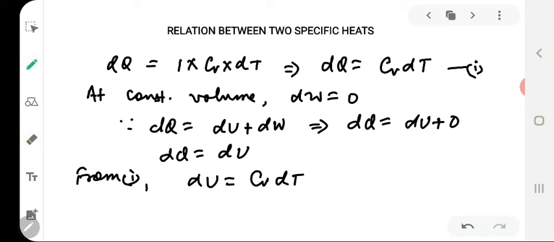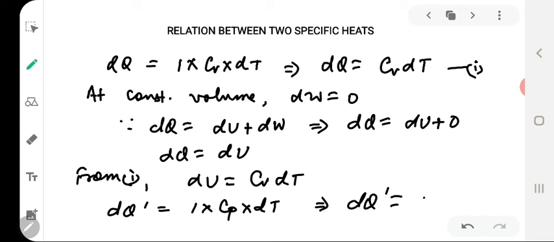If now the gas is heated at constant pressure so as to again increase its temperature by dT, and dQ dash is the amount of heat supplied, then at constant pressure this means that dQ dash is equal to Cp dT.